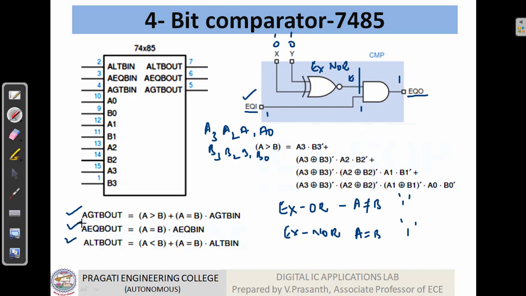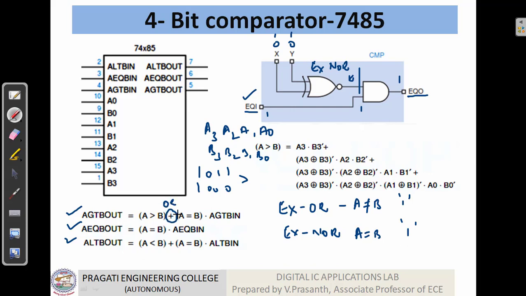What does this equation tell? A greater than B output will be active when any one bit of A is greater than B. Say, 1 0 1 1 and 1 0 0 0. If this is the case, A is greater than B, then this will be active. This is the representation of an OR gate.